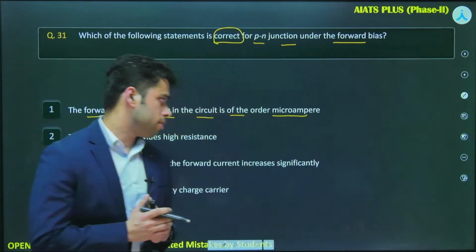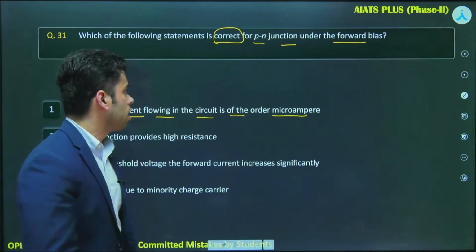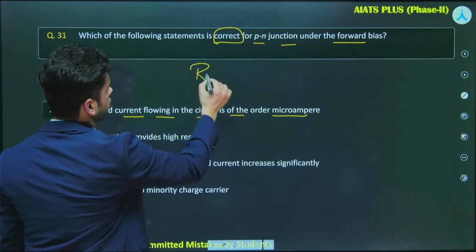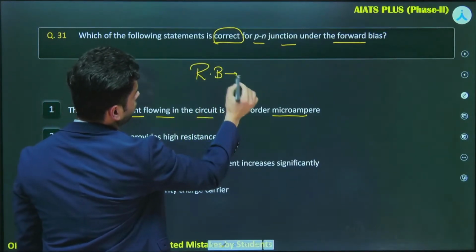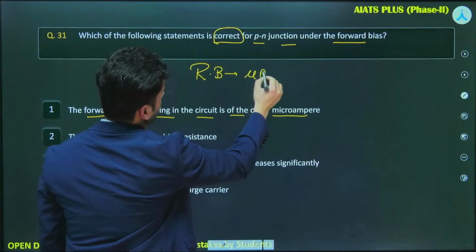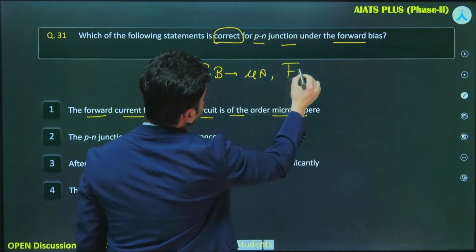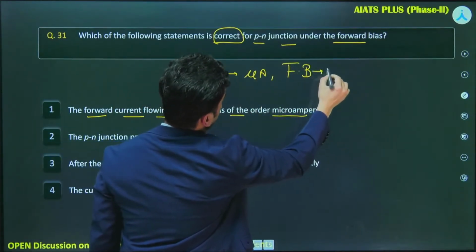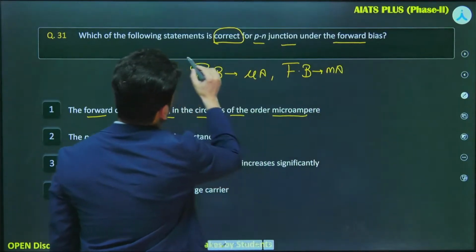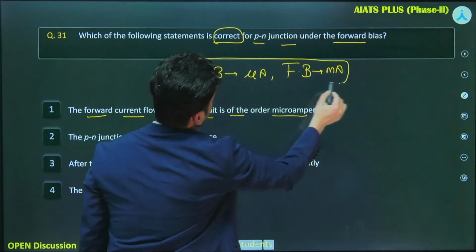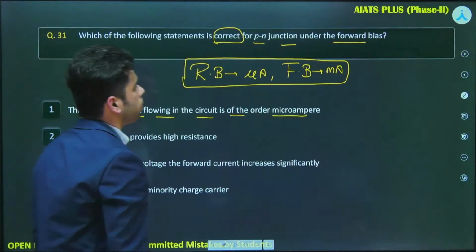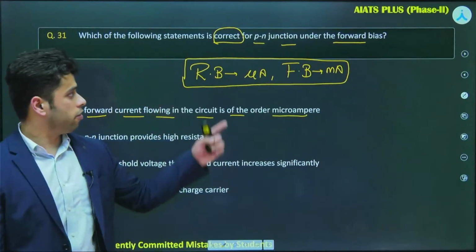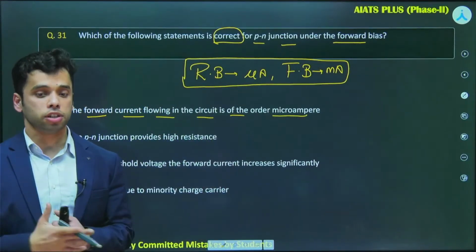Well, my knowledge says that for the reverse bias, the current is of the order microampere, and for the forward bias, the current is of the order milliampere. Because in the forward biasing, the current is due to majority charge carrier, and in the reverse biasing, the current is due to minority charge carrier.